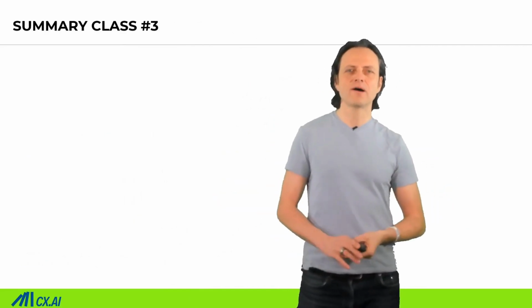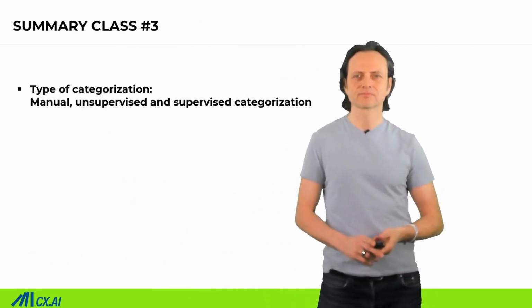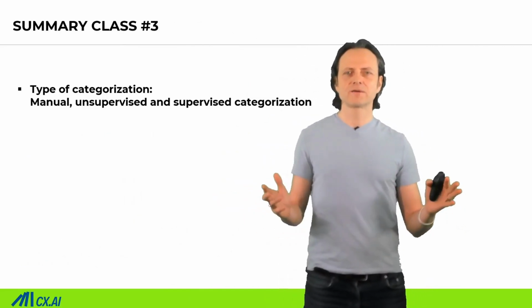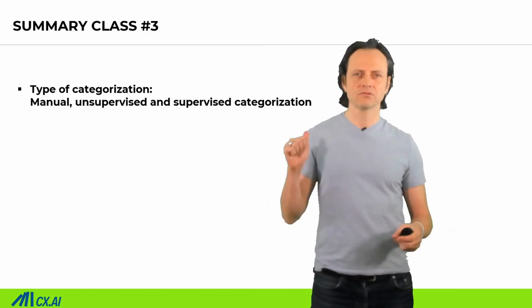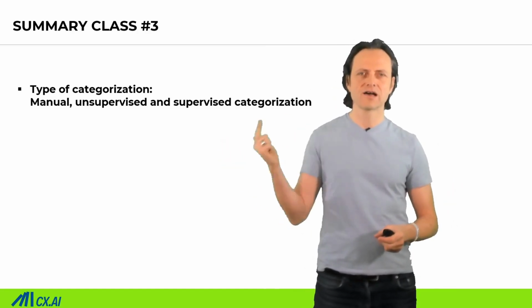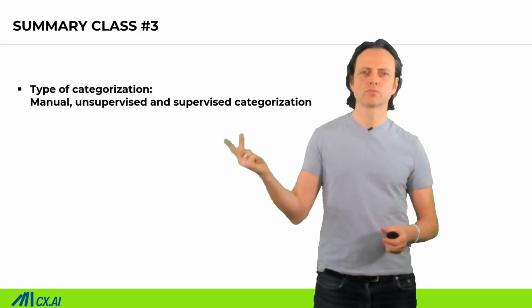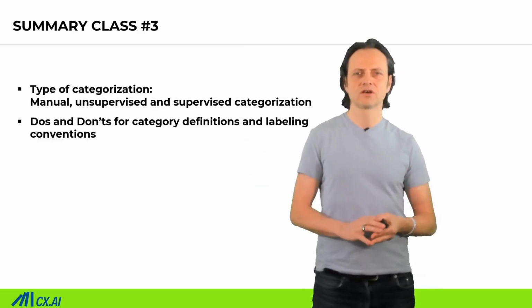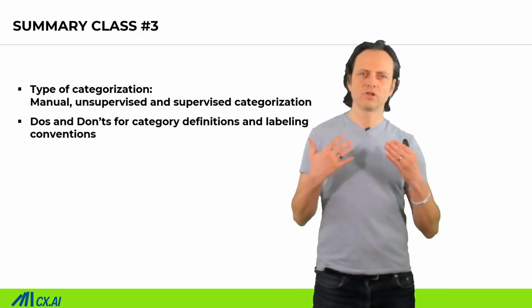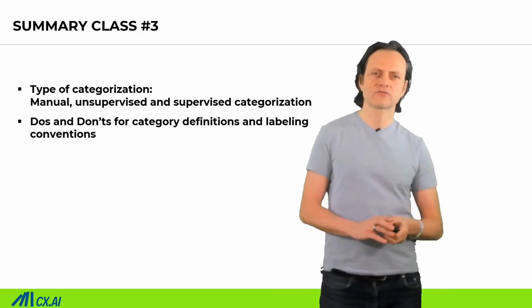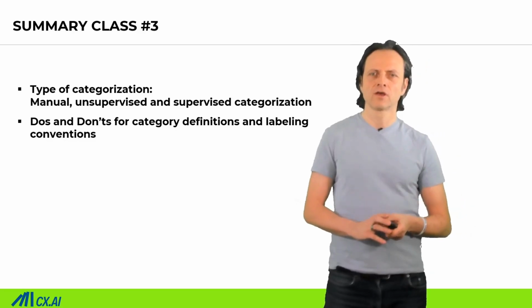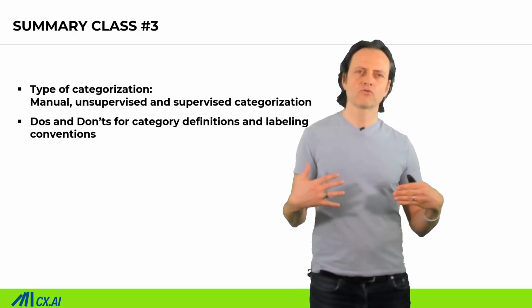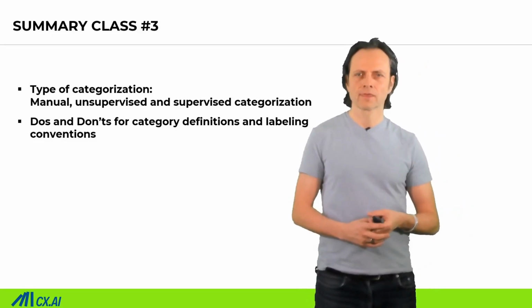So let's wrap up this class 3. There are 3 types of categorization: manual categorization, unsupervised, and supervised categorization. There are some do's and don'ts for categorizations and building the definitions of the categories, especially also for the label conventions.